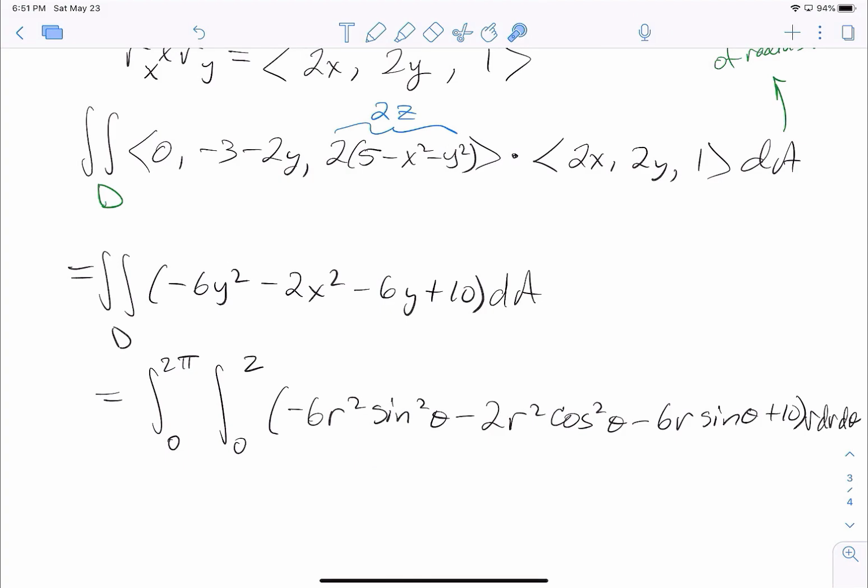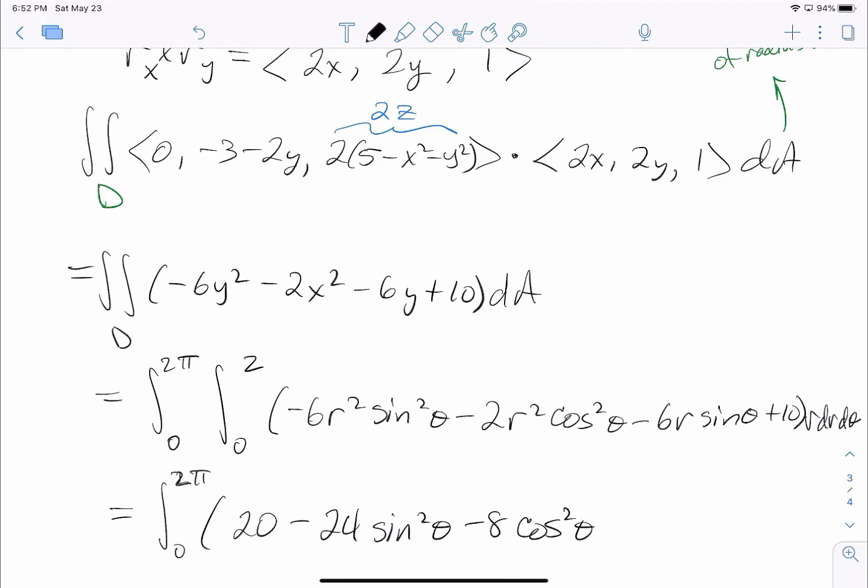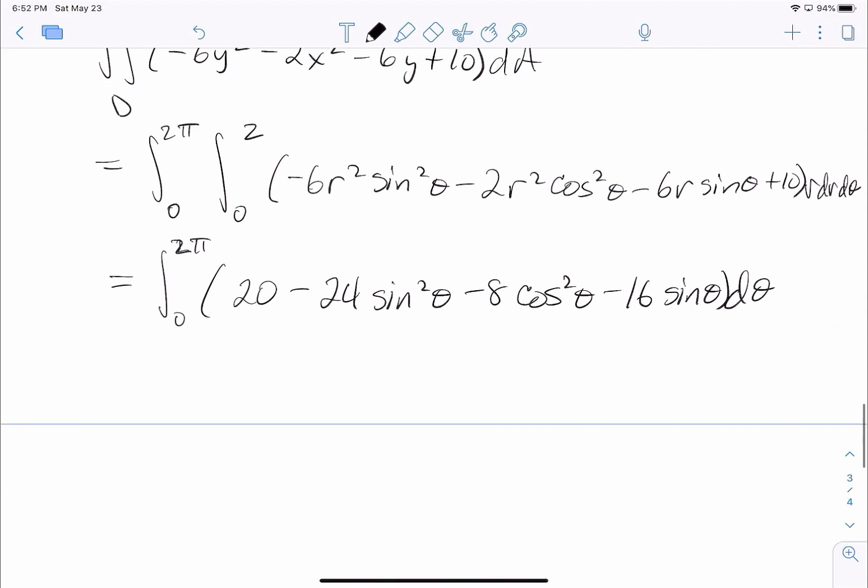Again, we have r dr d theta because we did actually convert from xy into r and theta. After integrating and substituting with respect to r, we get the integral from 0 to 2 pi of 20 minus 24 sine squared of theta minus 8 cosine squared of theta minus 16 sine of theta d theta.